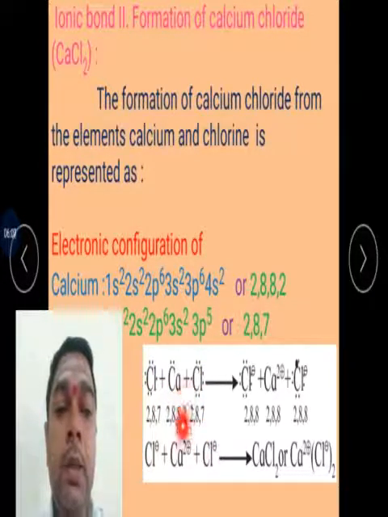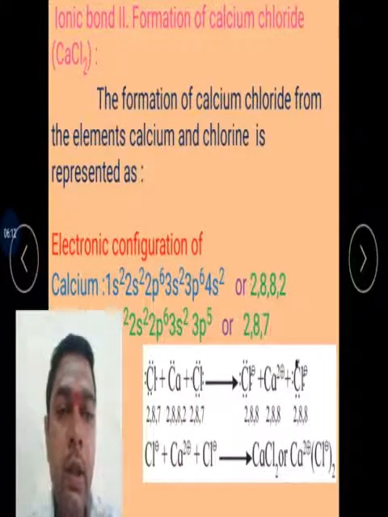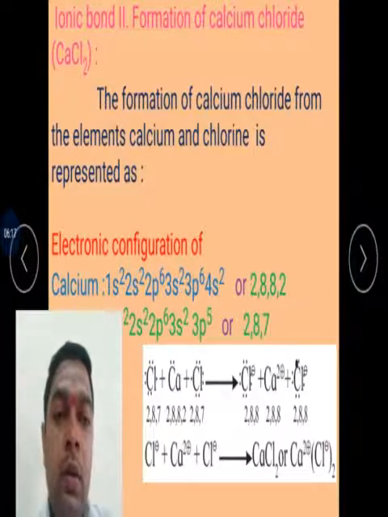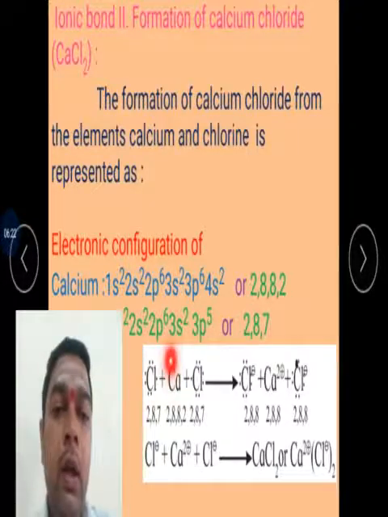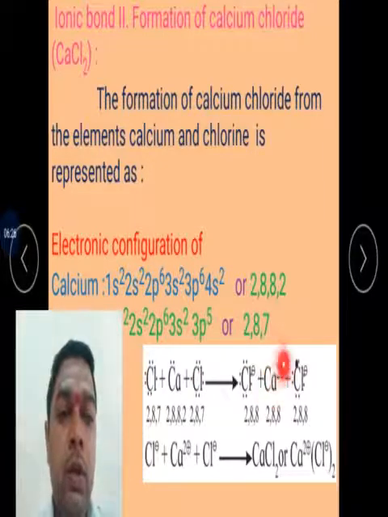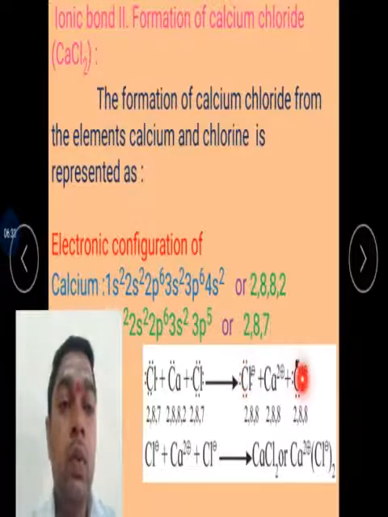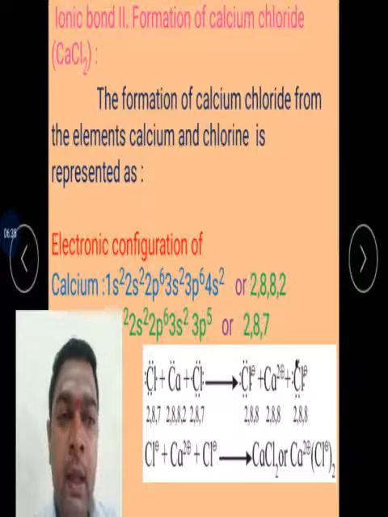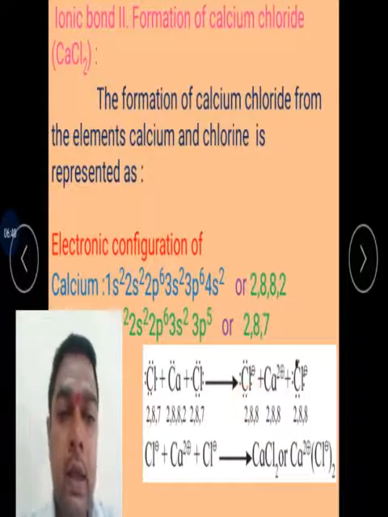Calcium has 2 extra electrons to attain the nearest inert gas configuration of argon. One electron is transferred to the first chlorine and the other electron to the second chlorine atom. This forms a 2 plus charge on calcium and a negative charge on each chlorine atom, and these ions are called calcium ions and chloride ions.